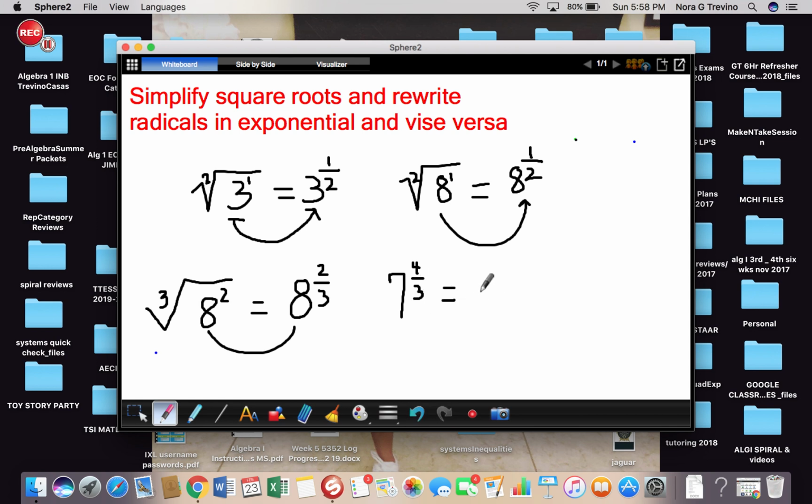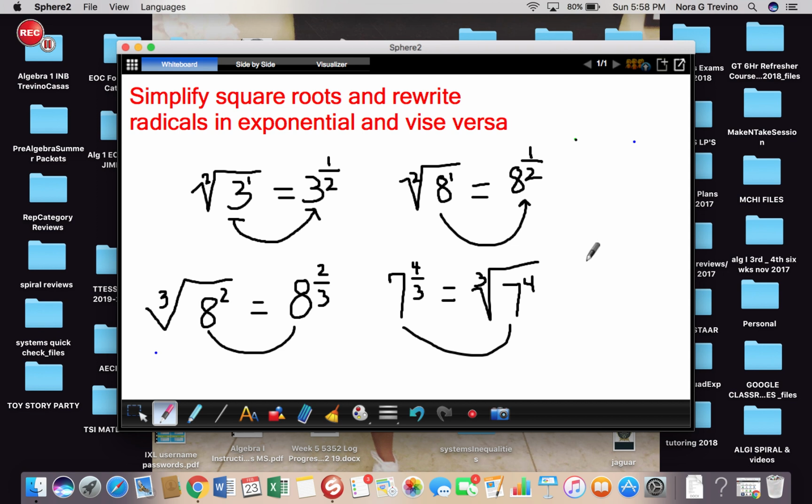Then here's what you do. You draw a radical. The big number goes inside. Top goes in. Bottom goes out. And notice I made the 4 kind of small. It's an exponent, so you don't want to write it super big because then it looks like a 74. Okay? So top in, bottom out.